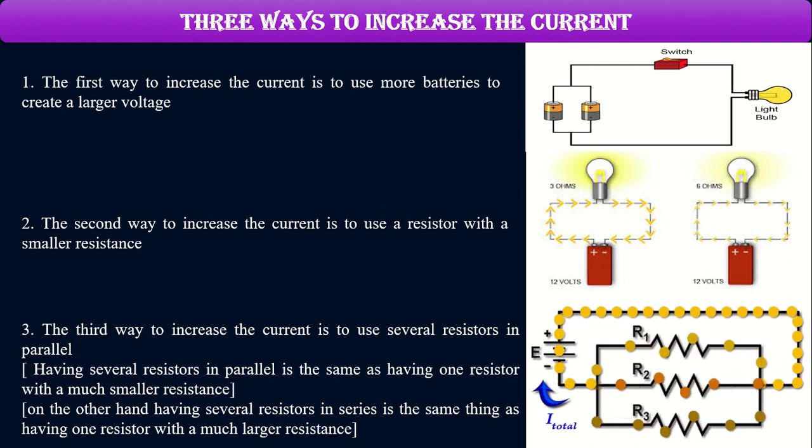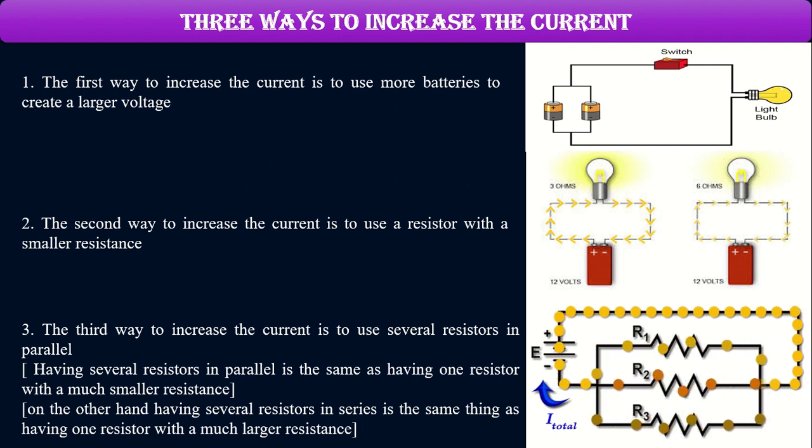You can see in the first and second diagrams, the input voltage is 12 volts in both circuits. In the first diagram, it is a 3 ohm resistor, and in the second diagram, it is a 6 ohm resistor. With the 3 ohm resistor, since the resistance is less, the glowing of the bulb is more. In the second diagram, since the resistance value is more, 6 ohms, the glowing of the bulb is slightly less.